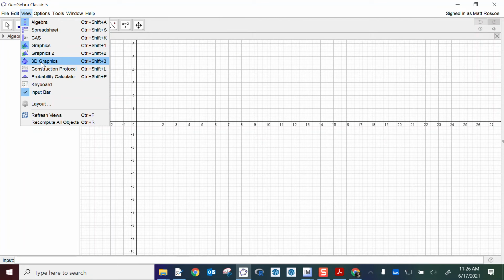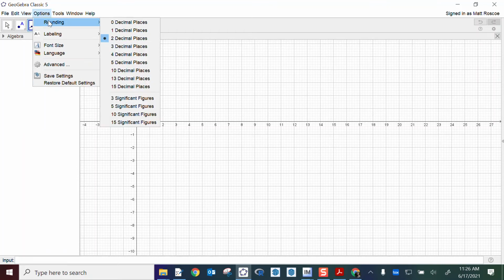There is an option for a second graphics pane. Some people use this where they want, for example, a unit circle to scroll out the sine wave. So you could have a unit circle in one graphics window and a sine wave in another. There's also a three-dimensional view if you want to play around with 3D graphics. I haven't done much with the rest of these.